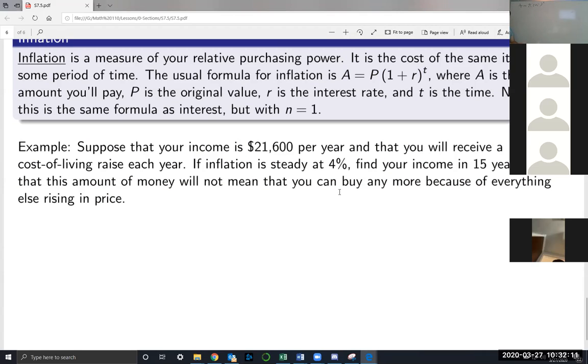So what is R? R is 0.04. So we have 1 plus 0.04. Okay, I think I agree.